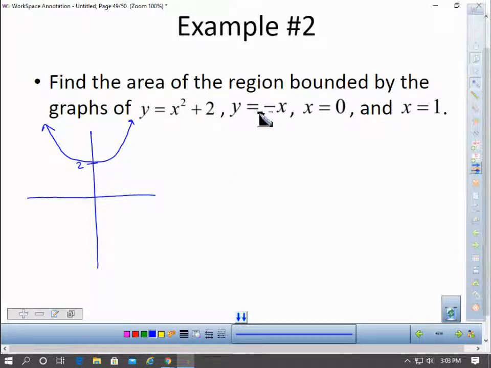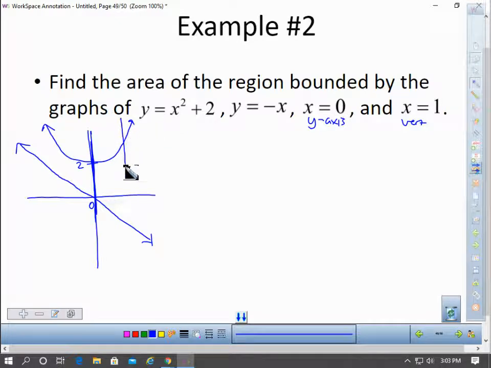Then I've got y equals negative x. Well, y equals negative x is this negative diagonal. So there's y equals negative x. And then I have x equals 0. That's actually the y-axis. So that's my y-axis here at 0. And then x equals 1 is a vertical line at 1.